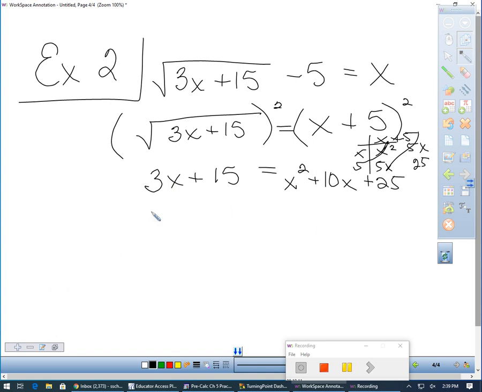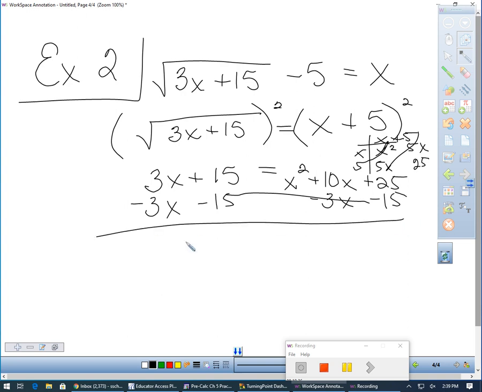Set it all equal to 0, so I have to subtract my 3x over, and I have to subtract my 15 over. So we have 0 equals x squared, 10x minus 3x, positive 7x. And how about 25 and negative 15? Plus 10.